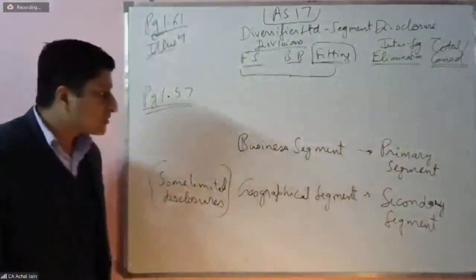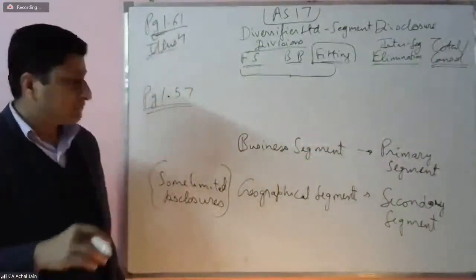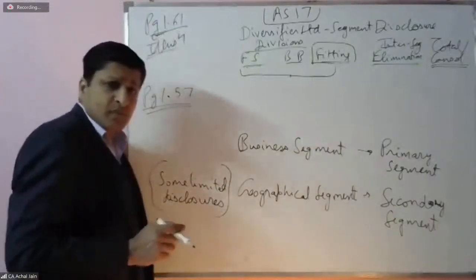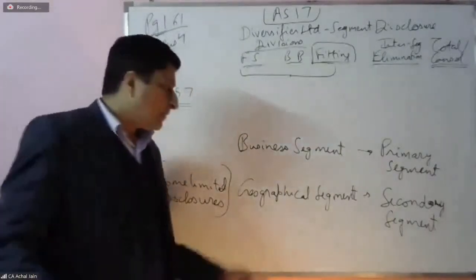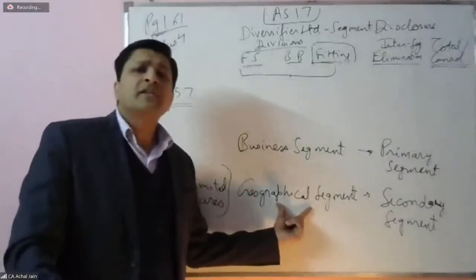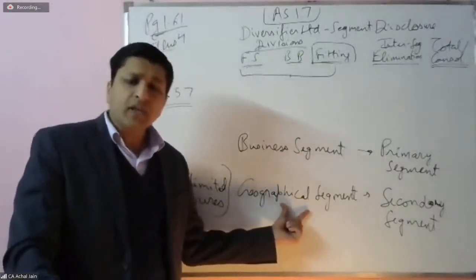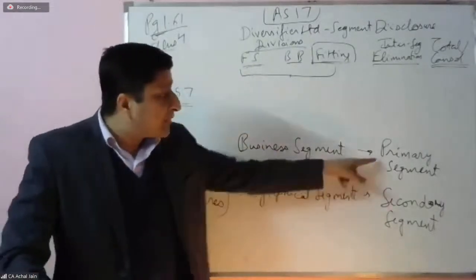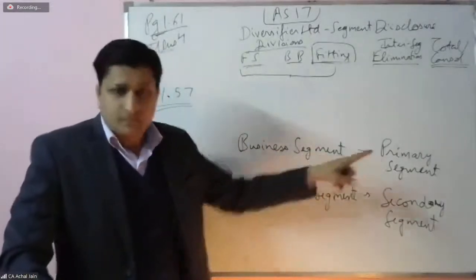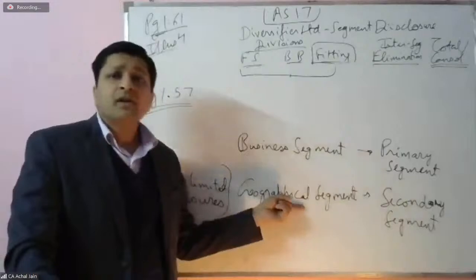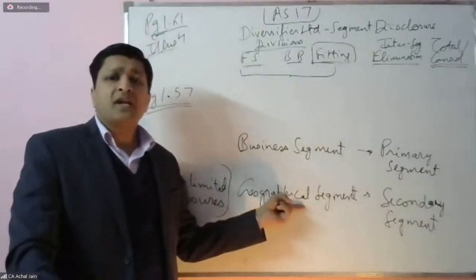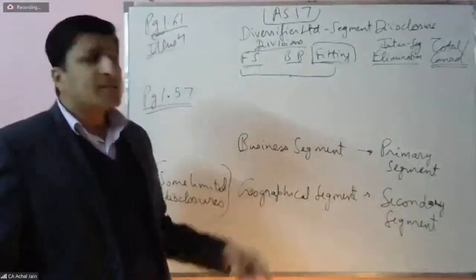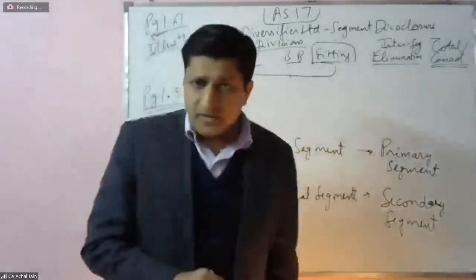And let's suppose it's other way around. Let's suppose entity says, okay, I will consider geographical segment for giving the disclosure. In which case, geographical segment will become primary segment. Or in a way you can say, management says, I will consider geographical segment as my primary segment.